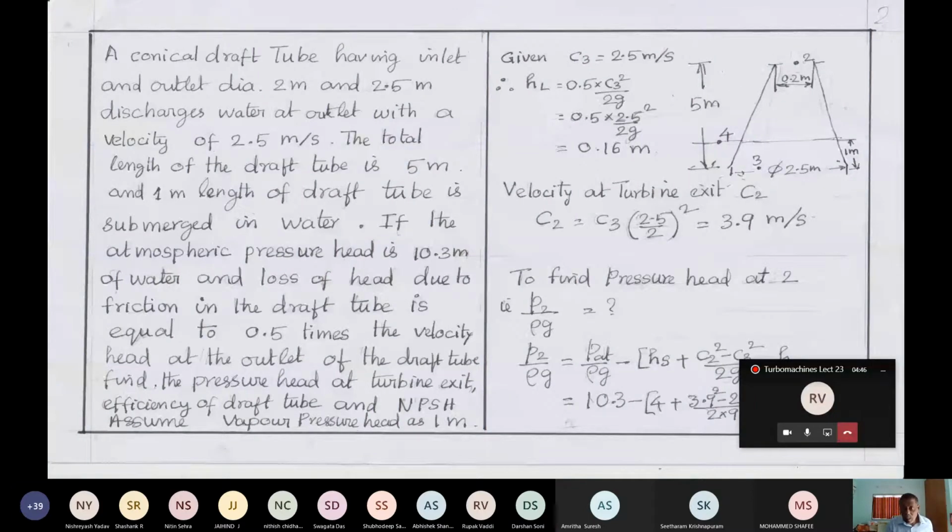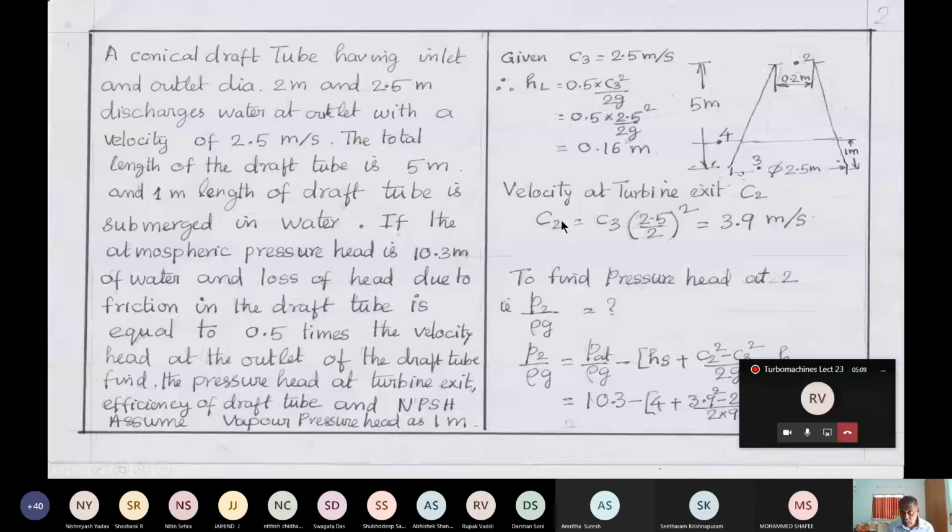Okay. So the velocity at turbine exit is C2 equal to C3 into 2.5 square by 2 square, so that is 3.9 meters per second. How I got this is, see, it is proportional to the area ratio.